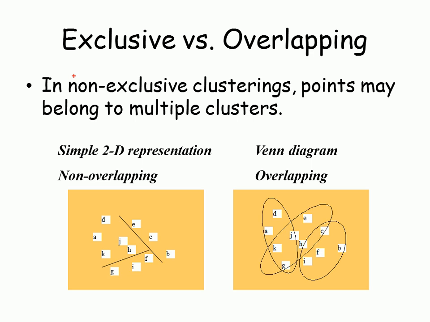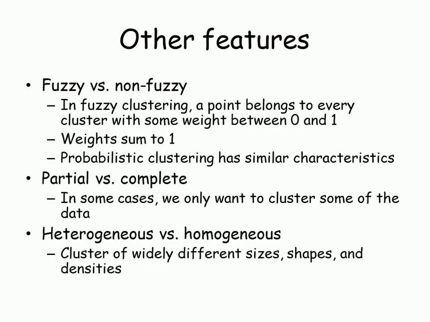Clusterings can be exclusive or overlapping. In exclusive clustering, each data sample belongs to its own class, but in overlapping clustering, a data sample can belong to multiple classes. An extension of that is fuzzy clustering, where the membership is now a floating point number.